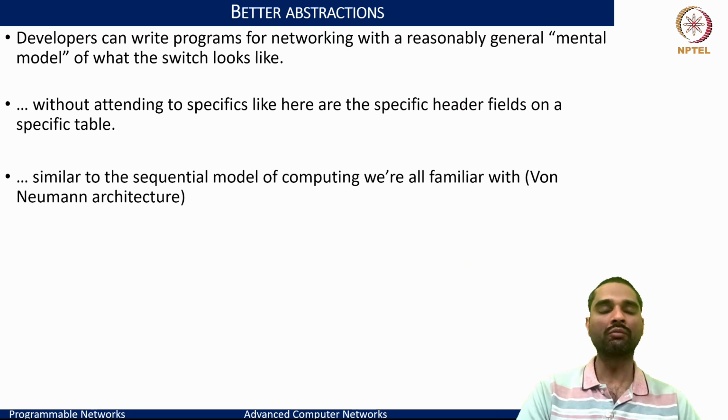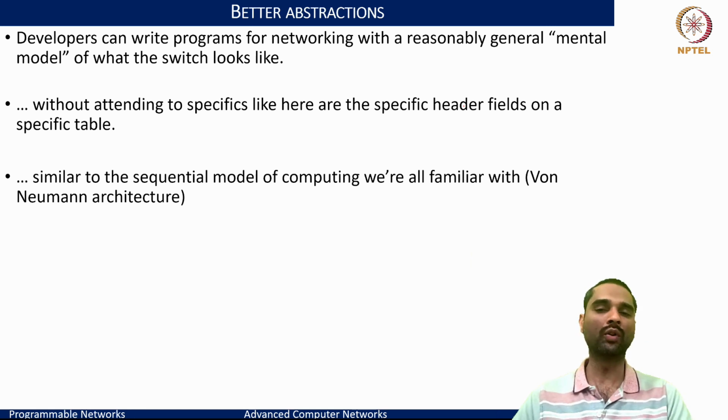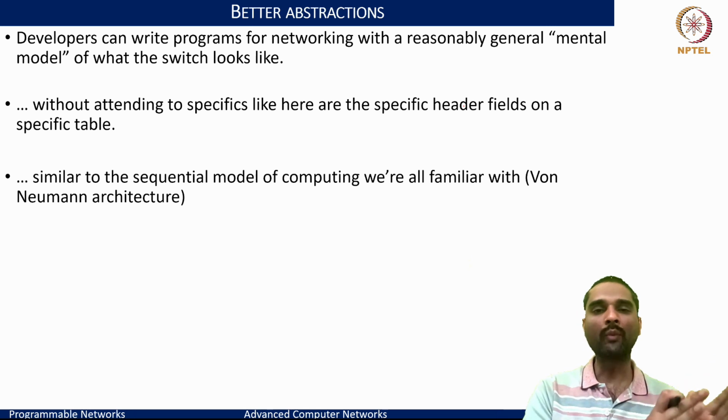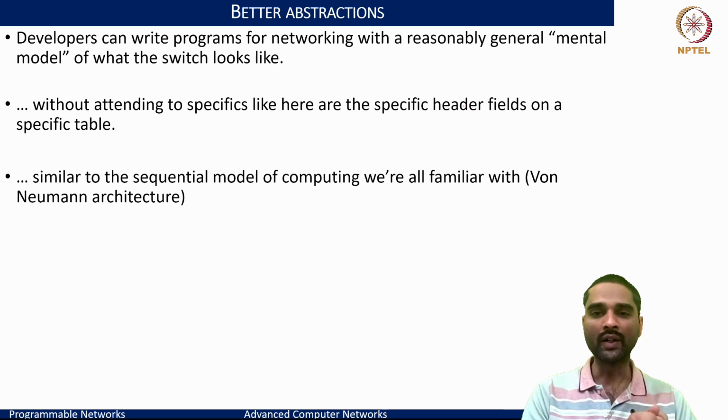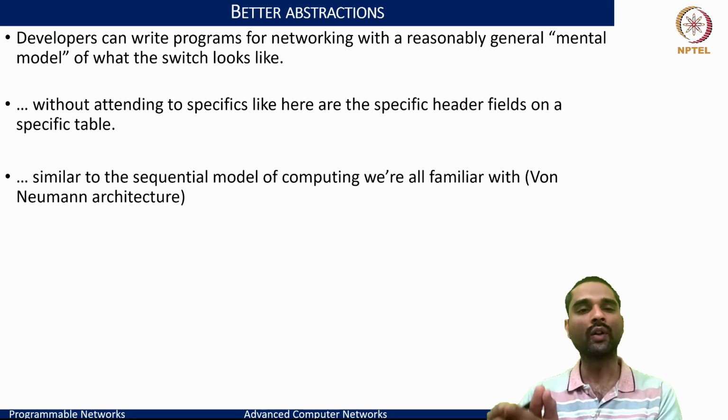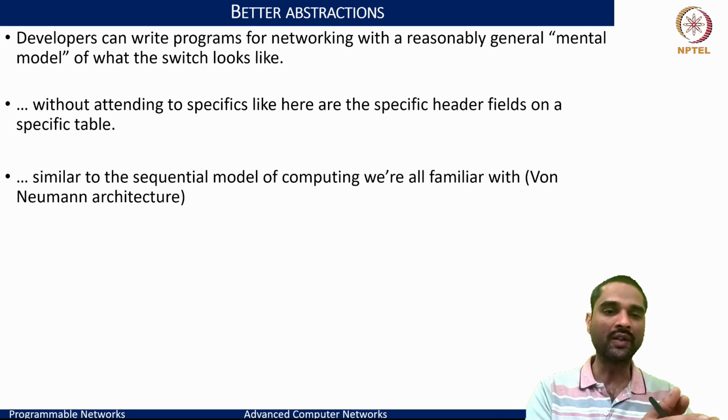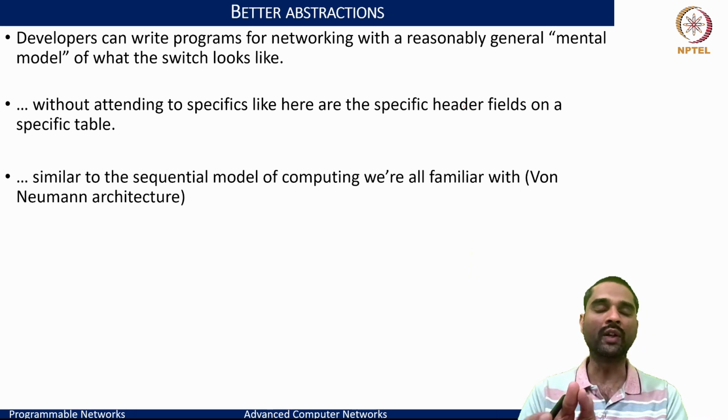To do this, the programmer doesn't have to cater to the specifics of header fields or specific tables, which can be matched on the target-specific aspects. But a programmer should be able to dictate what headers he would want to look for and, if there is a match on the header, what actions to take.